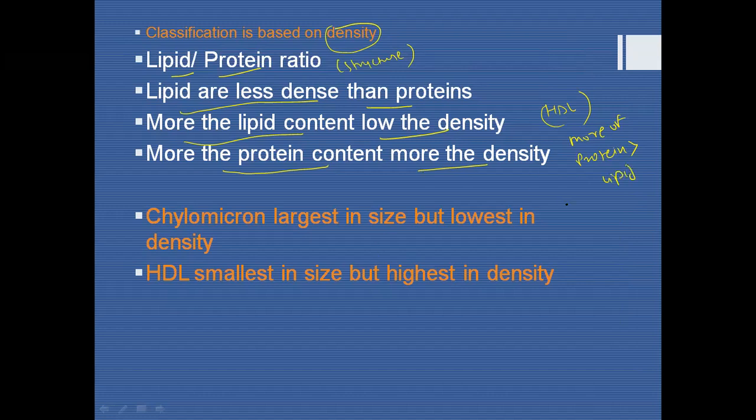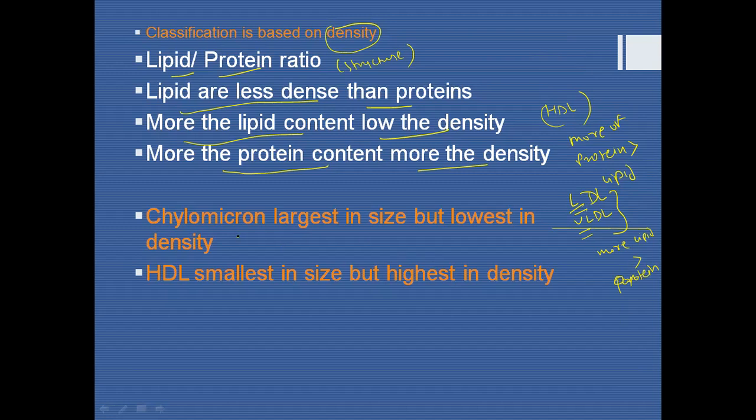In contrast, LDL or VLDL will have more lipid compared to protein. So their density will be low, and very low for VLDL, in comparison to other lipoproteins.